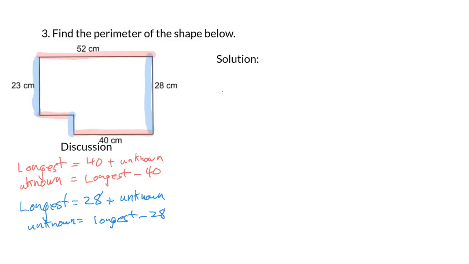So imagine if I call this red side X and this blue side that's missing Y. What we're going to do is the calculations for it. So X is going to equal 52 minus 40.